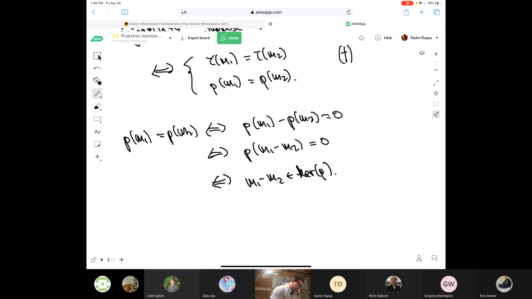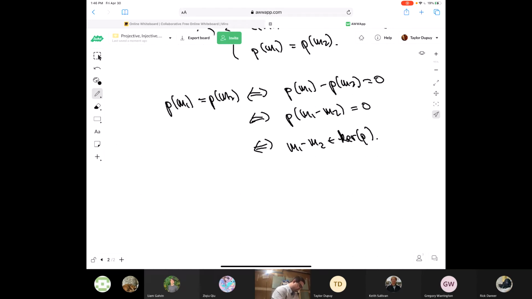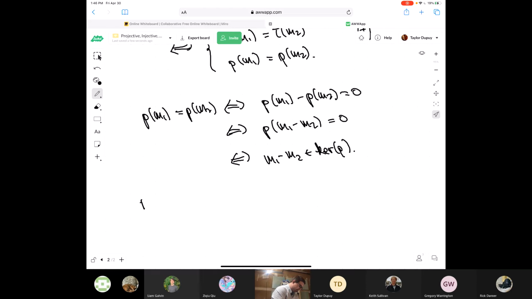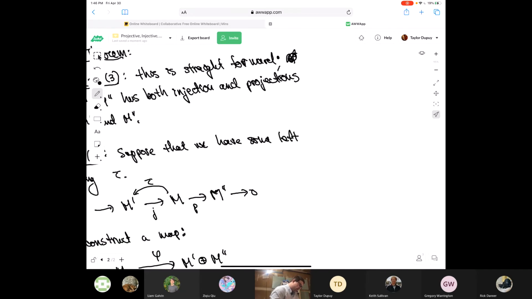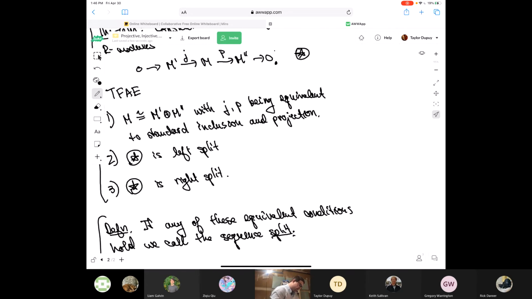Okay, but by exactness, so the sequence was exact. What did I call this sequence? Did I give the sequence a name? Star.